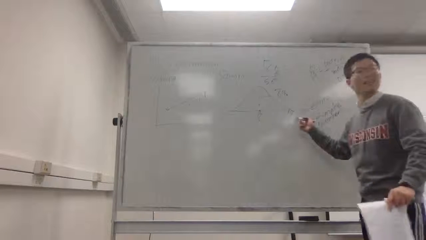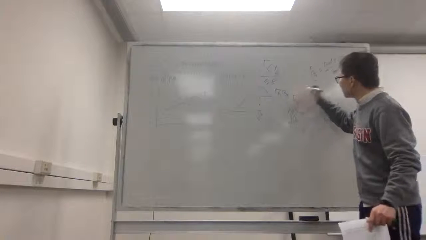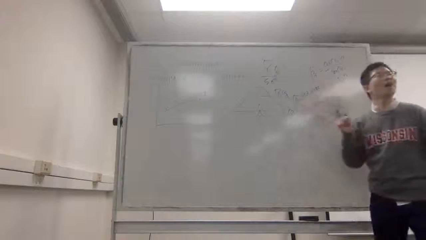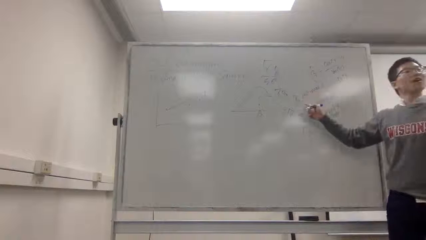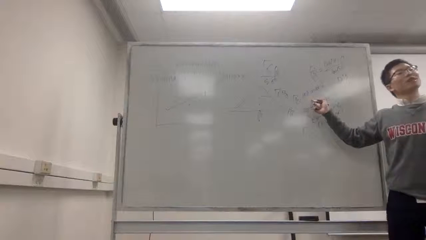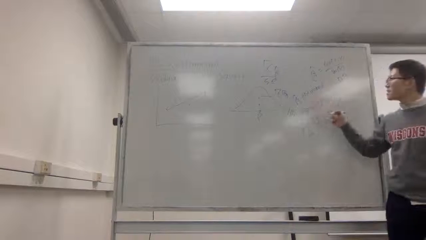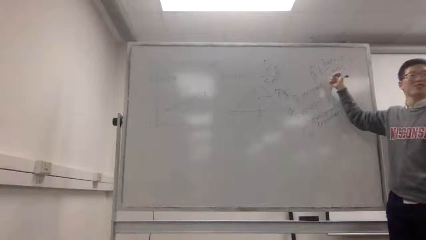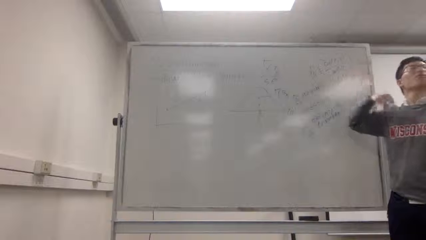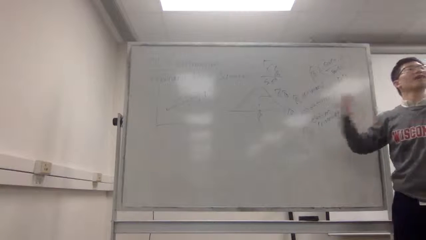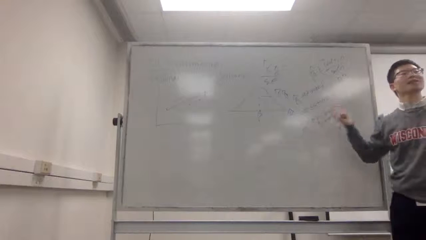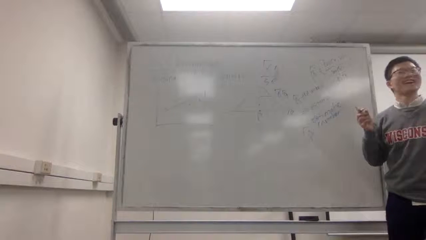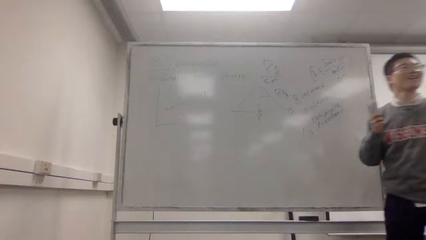So beta 1 hat is an estimand when we're saying, this is the one we want to estimate. And this part is actually the estimator. It's a formula for getting the estimate. Does that make sense?